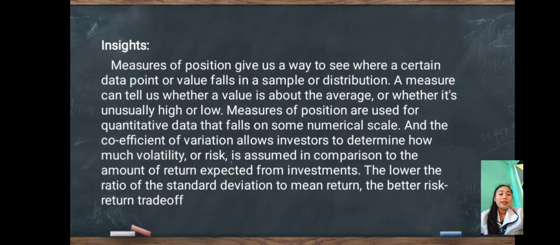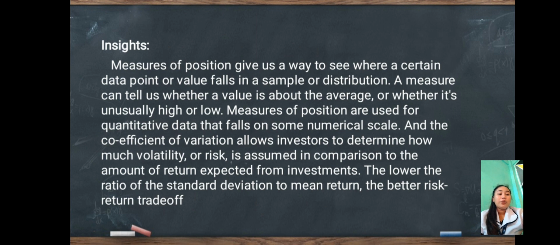My insight is that measures of position give us a way to see where a certain data point or value falls in a sample or distribution. A measure can tell us whether a value is about average or whether it is unusually high or low.